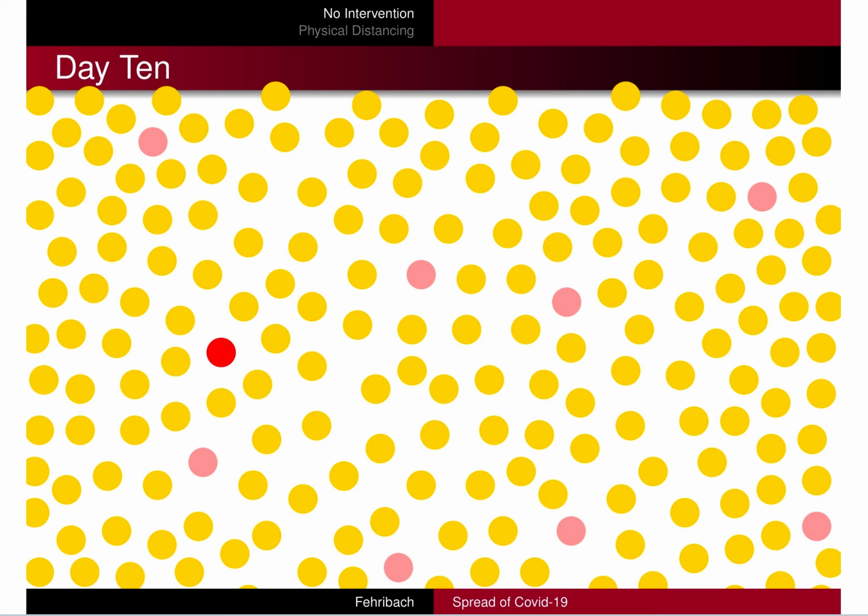It again tripled in those 5 days. So we are at 3 to the third, 27 infections. And one of these 3 people is probably beginning to feel more than just a little bit sick. Somebody's feeling really bad, but they may still only begin to suspect that they have the virus. They may not be clear.